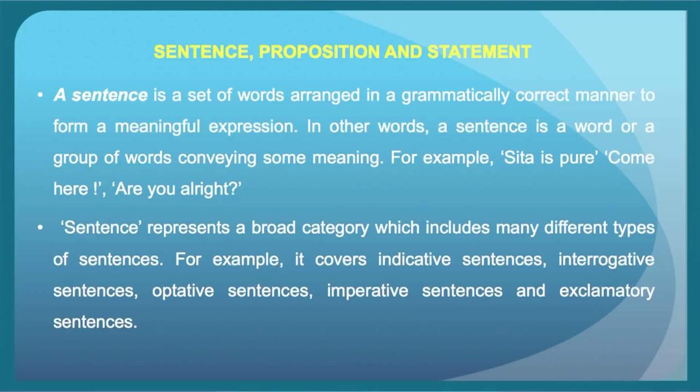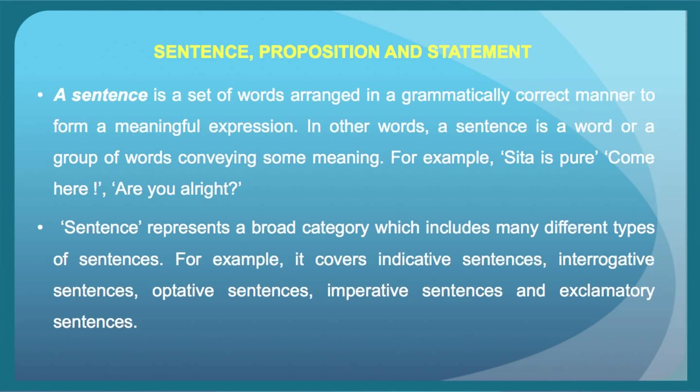Now we'll discuss sentence, proposition and statement. Now what is a sentence? A sentence is a set of words arranged in a grammatically correct manner to form a meaningful expression. In other words, a sentence is a word or a group of words conveying some meaning.